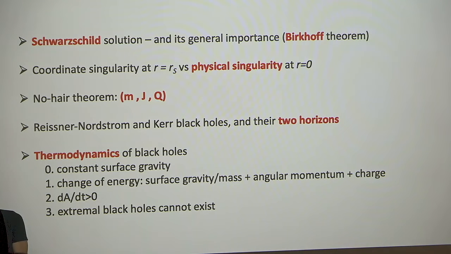Could you explain that more? Oh, yeah. So we live in 4 space-time dimensions. Let's take time away, so we have 3 dimensions. And so what is relevant is the surface that encompasses this physical singularity. And so in 3 dimensions, the surface is a 2-dimensional object.